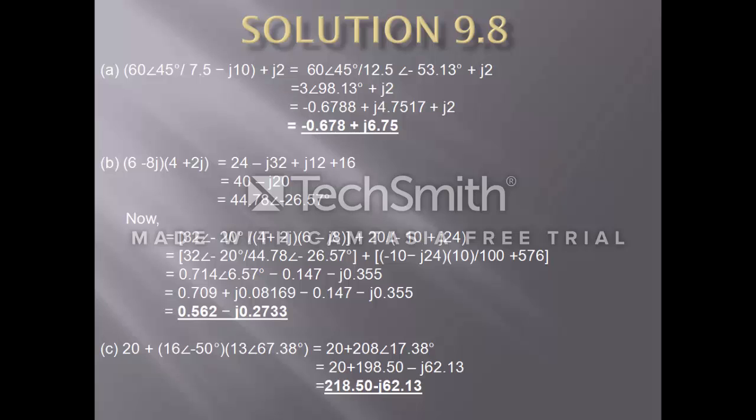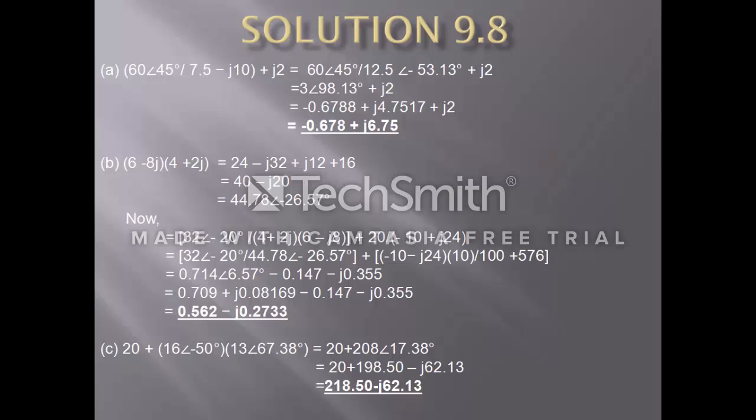Solving this division, we get 3 phase angle of 98.13 degrees plus j2. Now changing this phase form into the rectangular form, we get minus 0.6788 plus 4.7517j plus j2. So our final answer becomes minus 0.678 plus 6.75j.